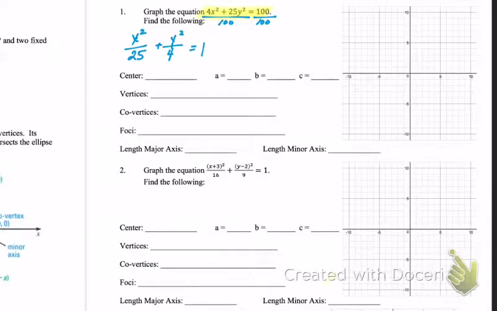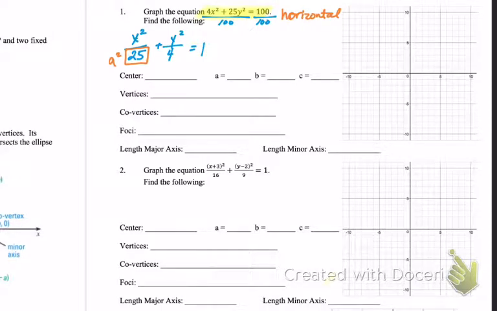If I'm comparing that to the general equation, I know it's going to be a horizontal ellipse because my bigger number, which would be my a squared, is under the x squared term. So my center will be my h, k.